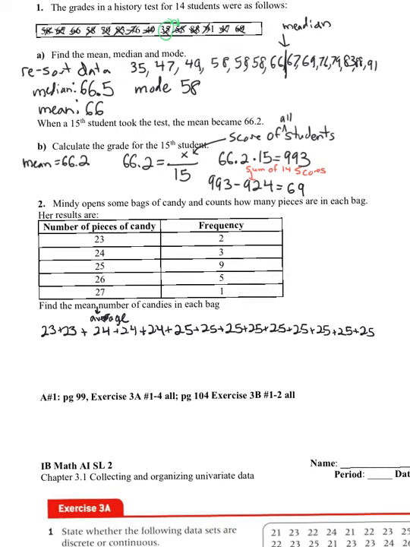Is there an easier way to write this out than longhand? There's probably an easier way to do this mean problem, right? By putting the numbers in brackets and multiplying.